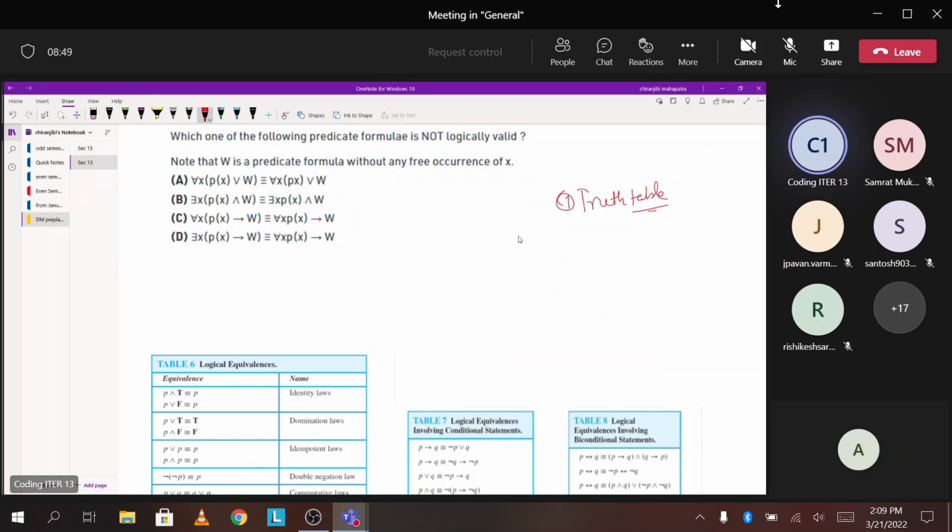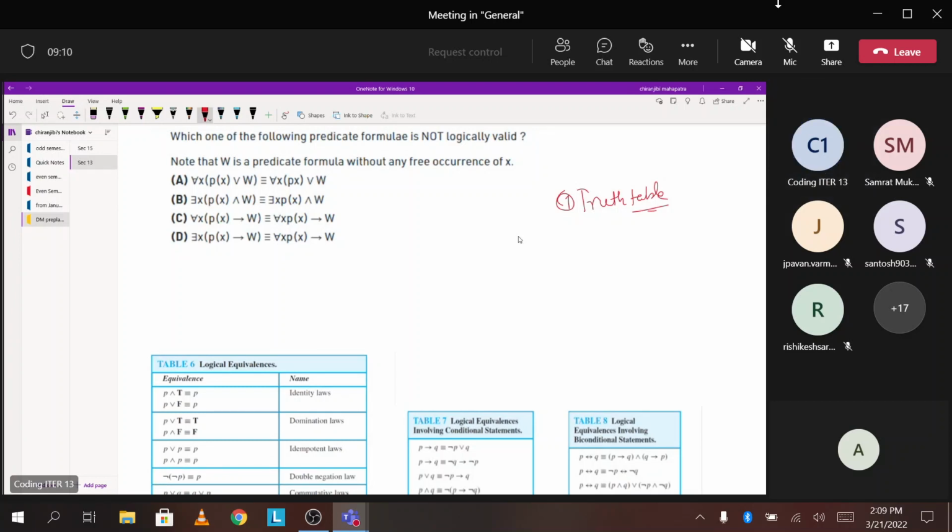So one thing you can use is the truth table, but here there are two statements and the truth table is difficult to do, since it takes lengthy time. So we can use some logical equivalences.